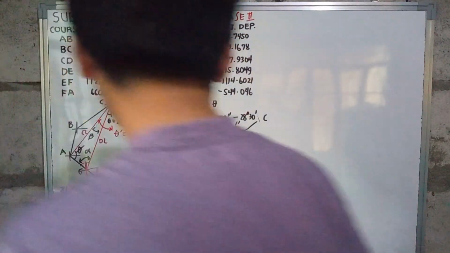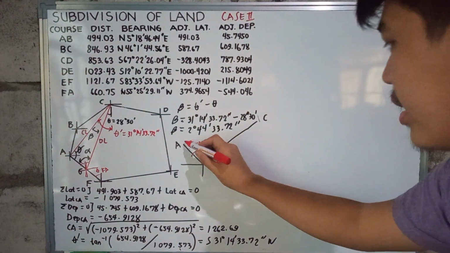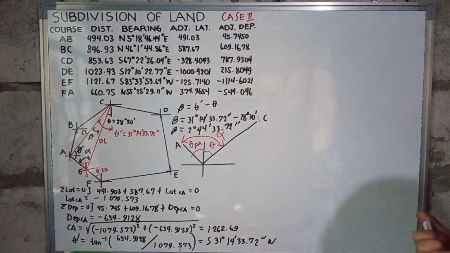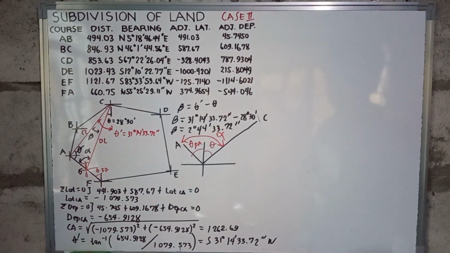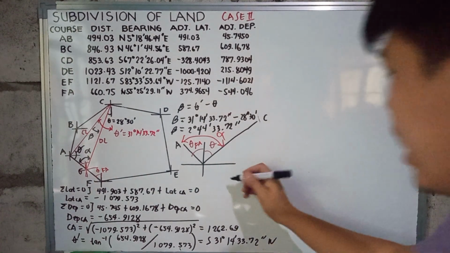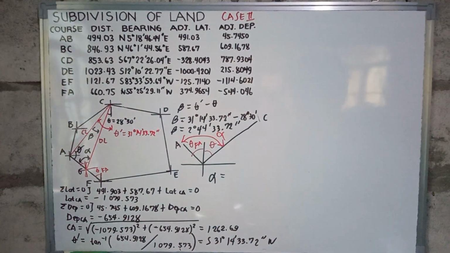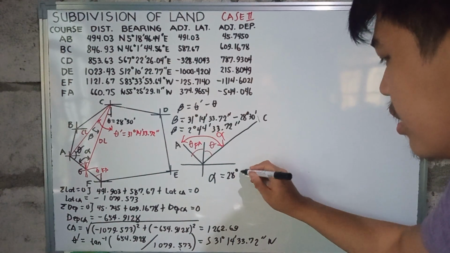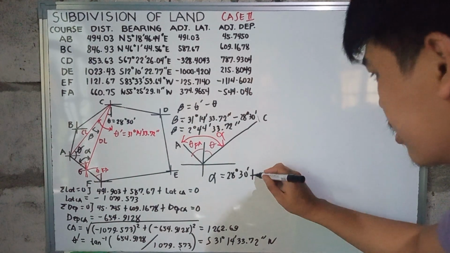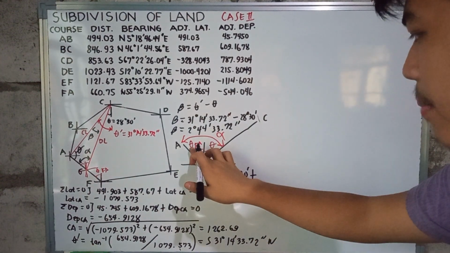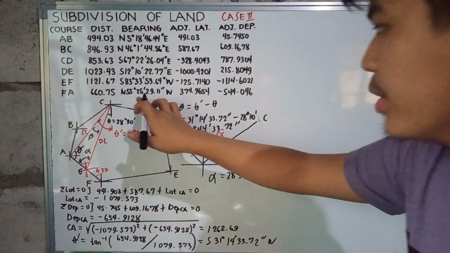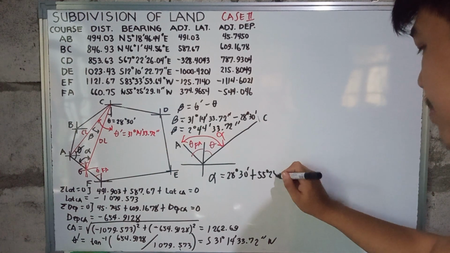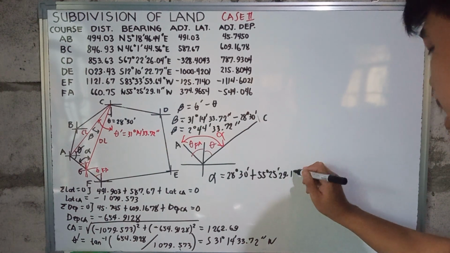So, mangyayari, yung alpha natin, etong buong to, that will be our alpha. So, to calculate for the value of our alpha, is now equal to theta. So, yung theta natin, that will be 28 degrees, 30 minutes, plus the value of the bearing from F to A, which is equal to 55 degrees, 25 minutes, 29.11 seconds.